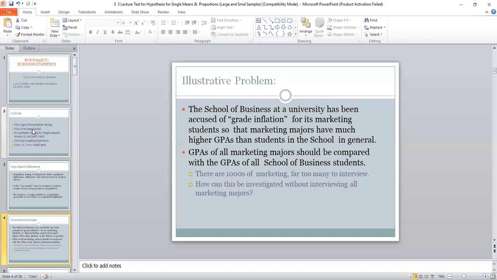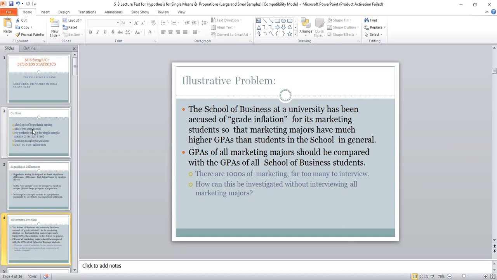Or there must be some attribute among marketing students that makes them perform better. Probably one gender is performing invariably better than the other gender in the other groups. So there are many factors, but these students are complaining just on one thing, grade inflation.